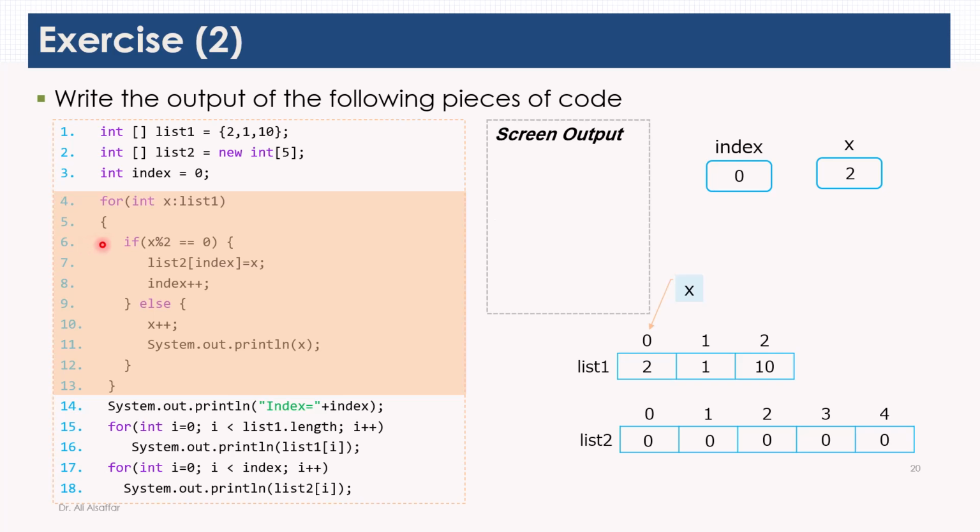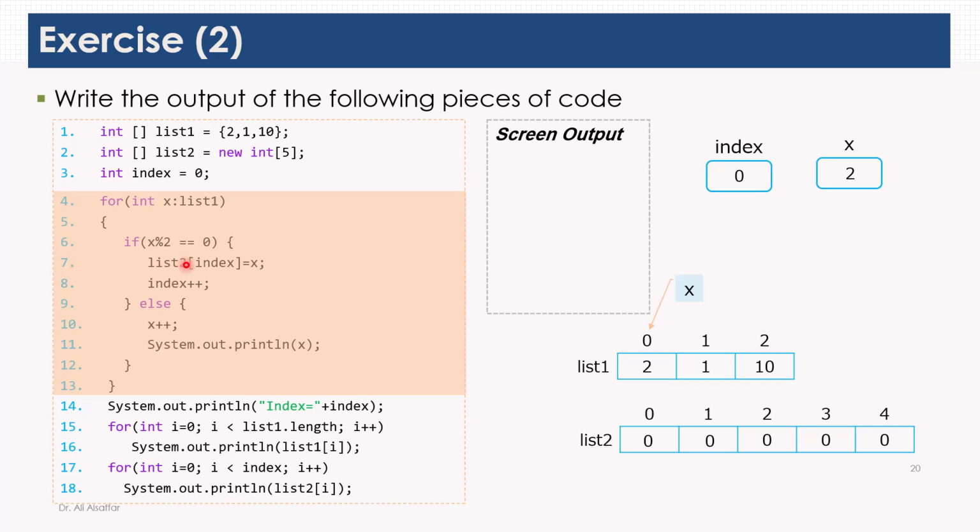In the first iteration, the value of x is equal to 2, and in line 6, we are testing for this element. If it is even, then we go into lines 7 and 8, and if it is odd, we go to lines 10 and 11. Now, since x is 2, which is even, we will execute lines 7 and 8.